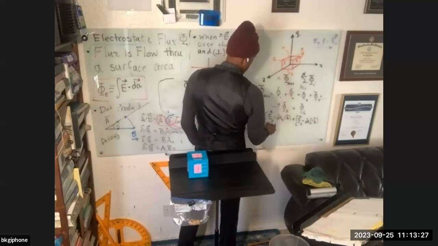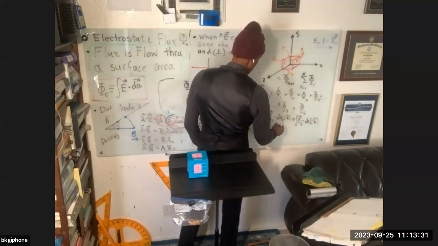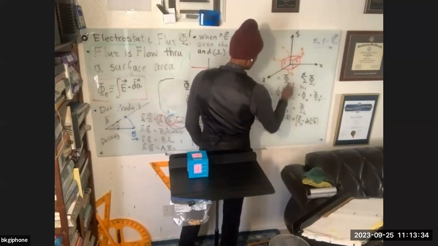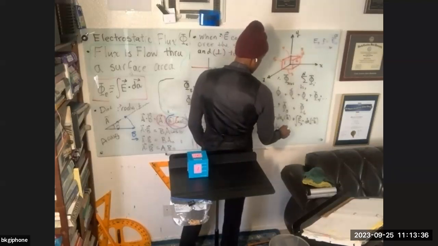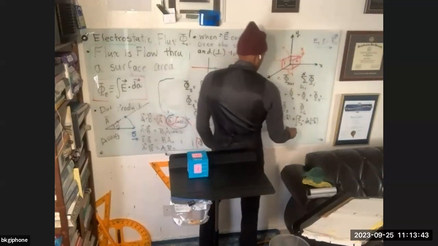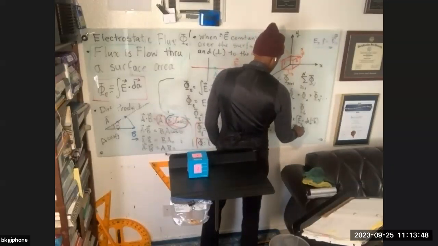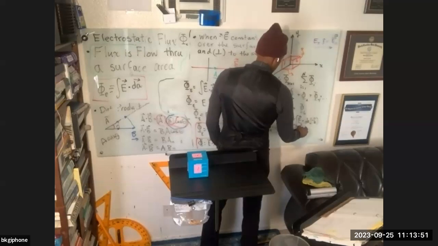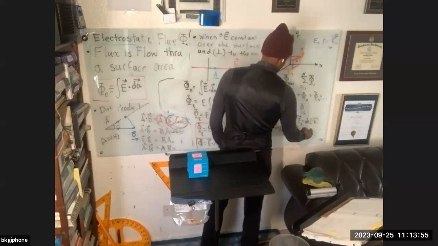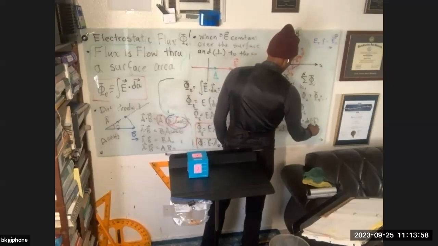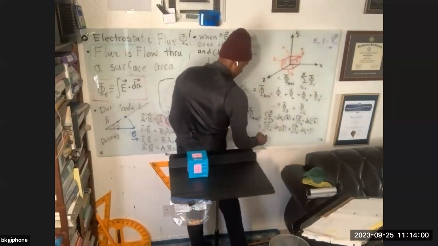So that's going to be the integral of EX dotted into dA4, which is pointing straight up. So that's along the positive j direction. Then plus the integral of EX dotted into negative j. So that'd be side 3. So dA3 negative j hat.